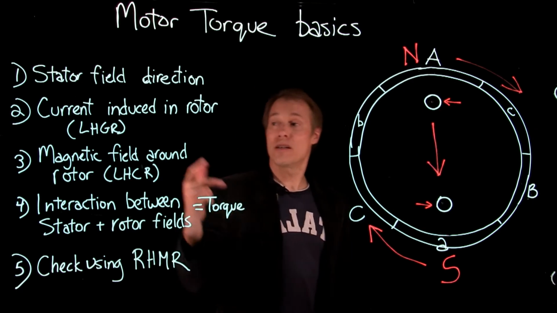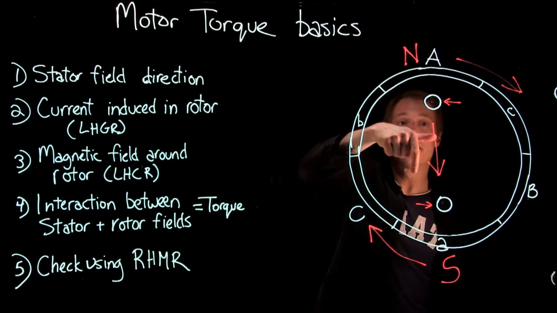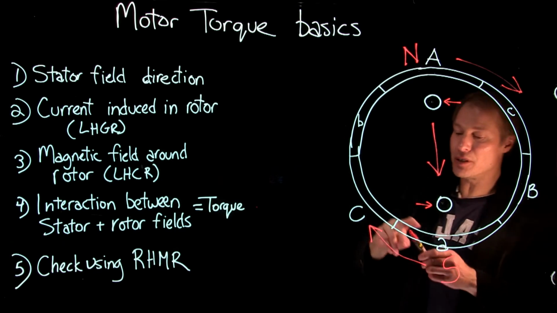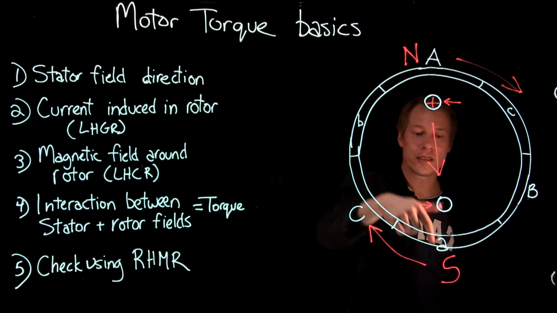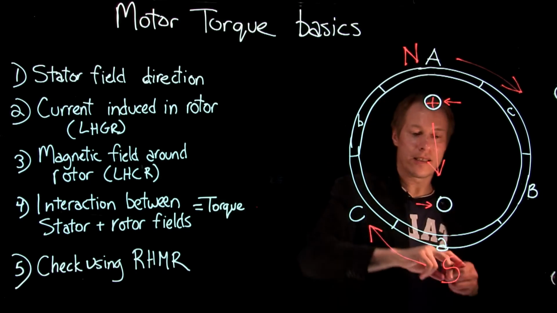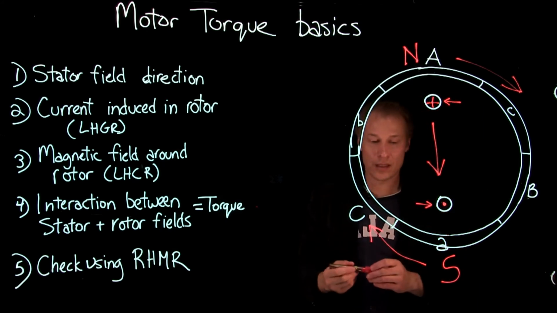Now we can apply our left-hand generation rule. Forefinger going down, the thrust of the conductor going to the left, which induces a current into the board. In this case, magnetic field stays the same. The thrust is going to the right, and then we have a current induced coming out of the board.